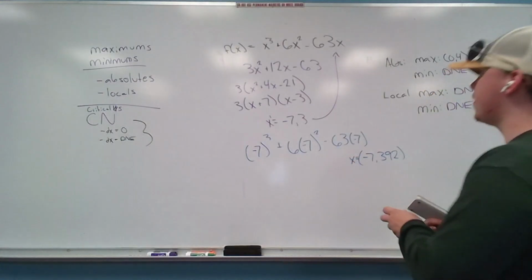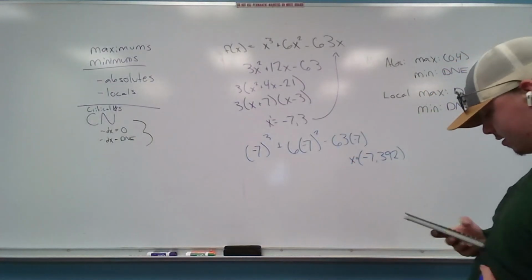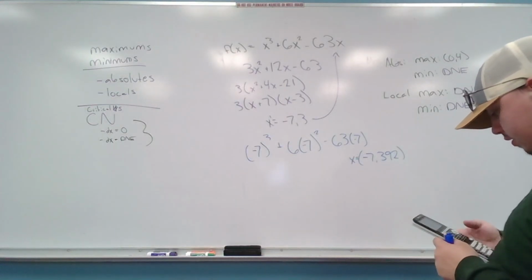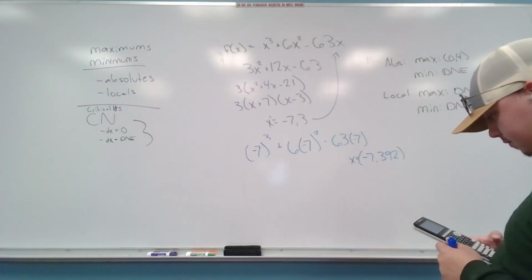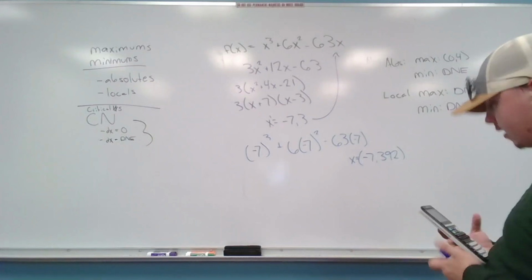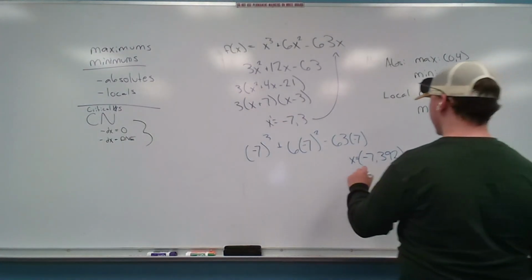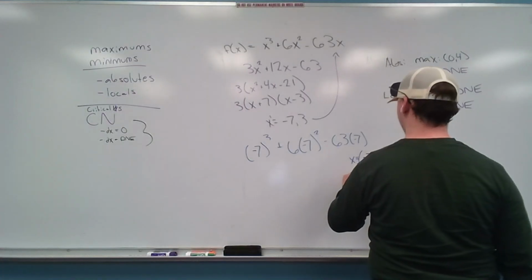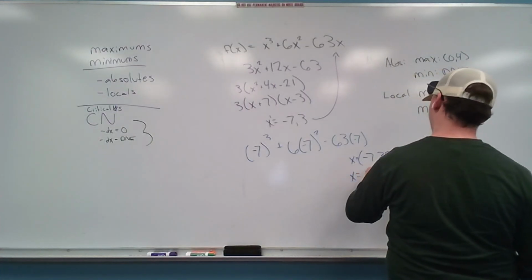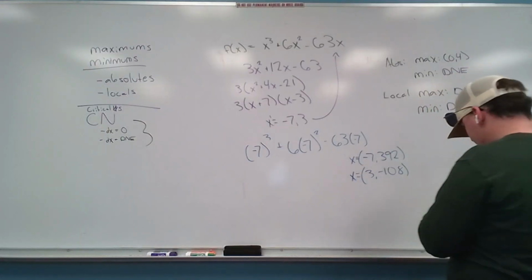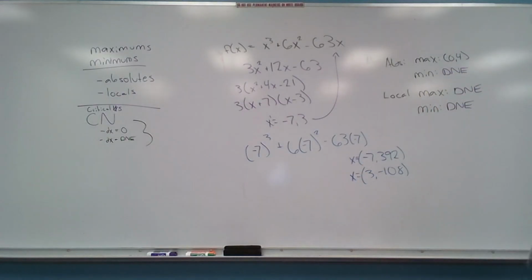Now let's do the same thing for x equals 3. That's going to give us negative 108. Easy, not too tough. And there we have it.